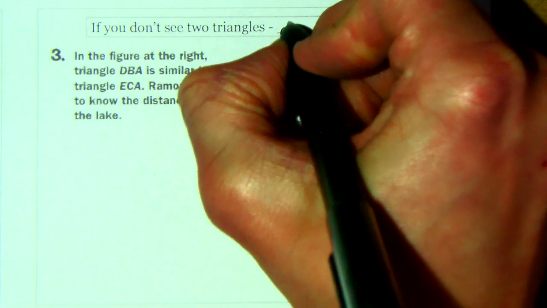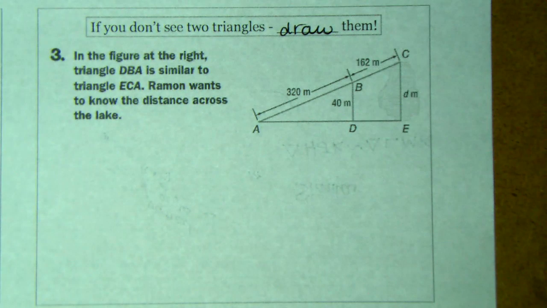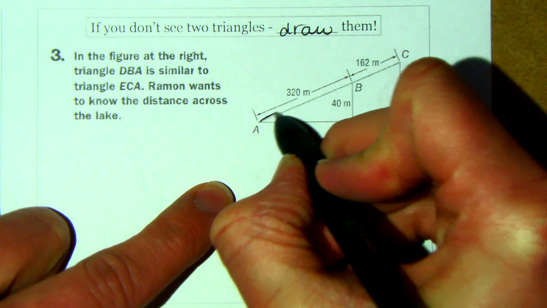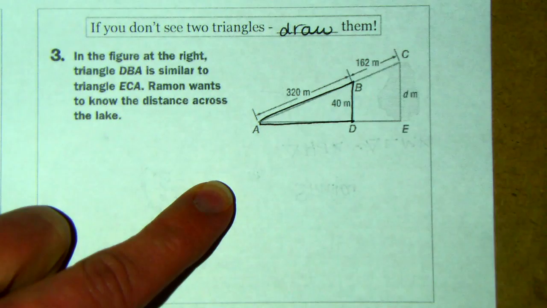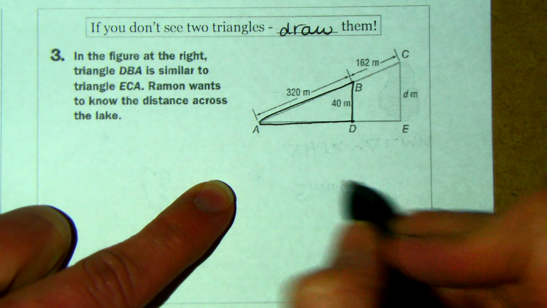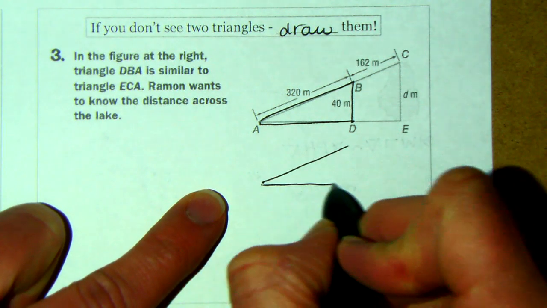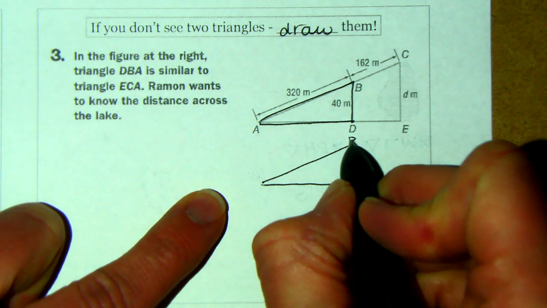I'm going to show you one triangle is right here. That's one triangle. Do you want me to redraw it down here? Just sketch it. So this is B, D, A. This is 320 meters, and this is 40 meters.